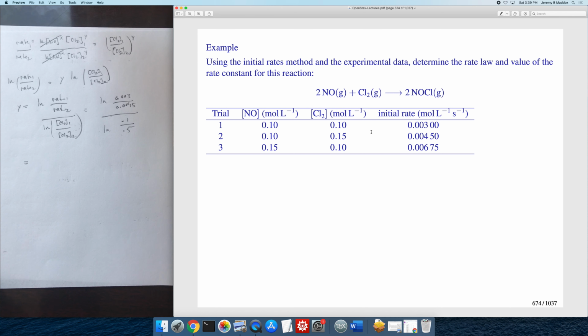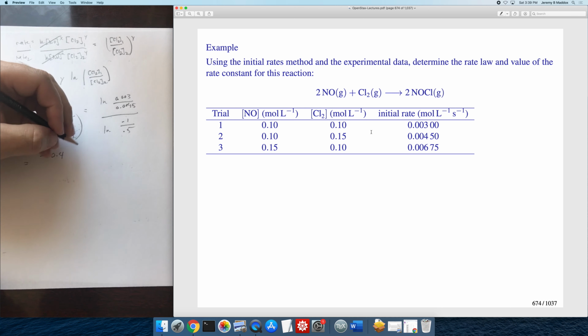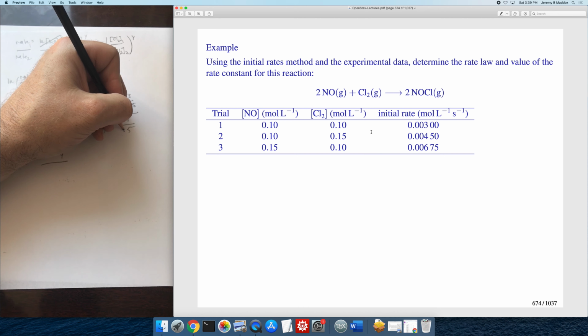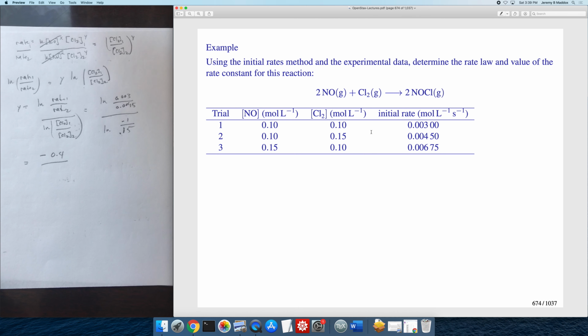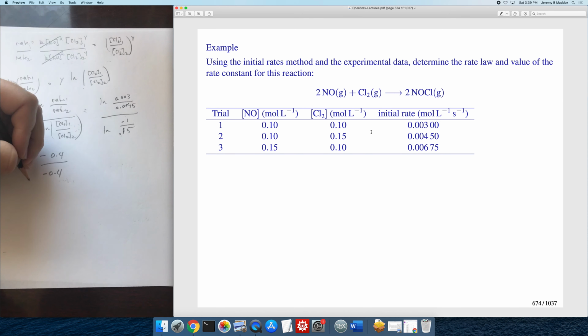Again, we'll do them separately. So you get minus 0.4 here. Oh, it should be 0.15. Natural log minus 0.4 in the denominator, and so you get 1.